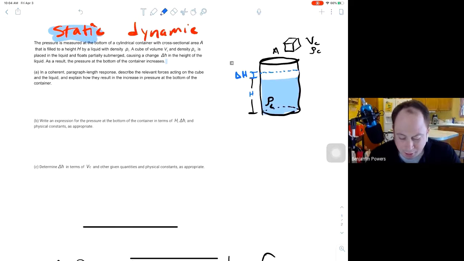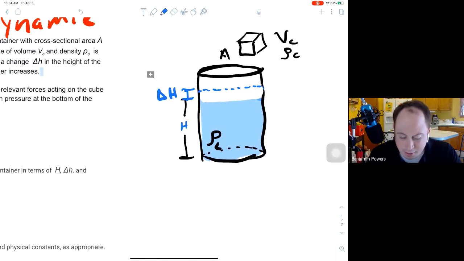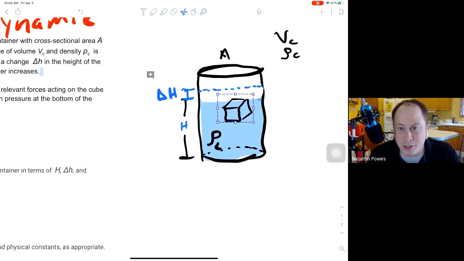But for this particular question, in this image that I have, what's going to happen is they're going to drop in this block. And once that block gets dropped in there, that water level is going to rise up to that dotted blue line. And that will be the delta H of how high the water goes up when that block is submerged.